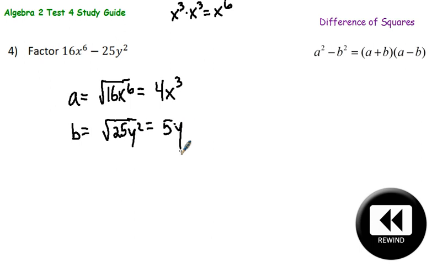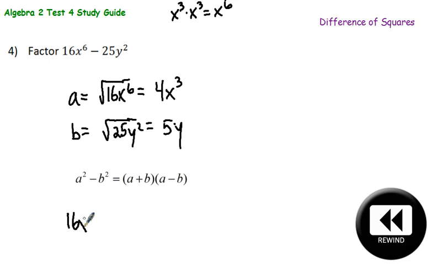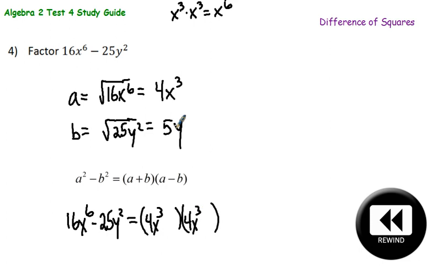And then, so what this pattern tells me to do is that I'm going to put these in parentheses. So I would have, because my problem here was 16x to the 6th minus 25y squared, what I do is I take a and b. So a in this case was 4x cubed. I'll write that first. And then b, which is 5y. So I've got plus, I didn't give myself enough room here.